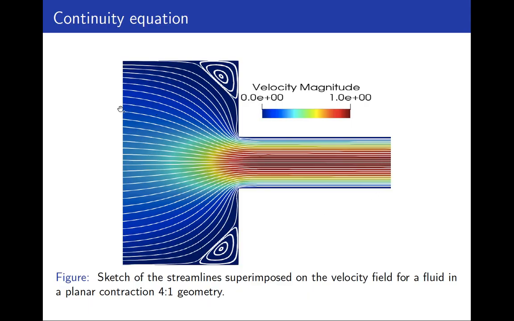So we are pushing some fluid through this contraction, and in this computational fluid dynamics simulation you will notice that we are decreasing the area because the height of the small channel is smaller compared to this huge surface area. And you notice that the velocity at the small channel is actually much bigger compared to the velocity here in the big channel. And this is because the continuity equation is being satisfied.